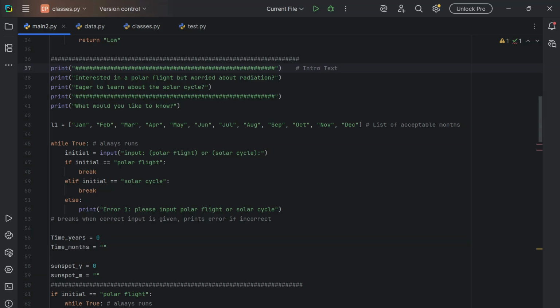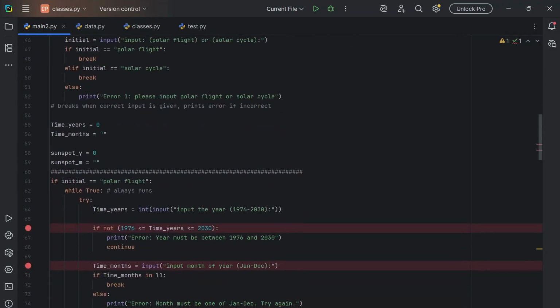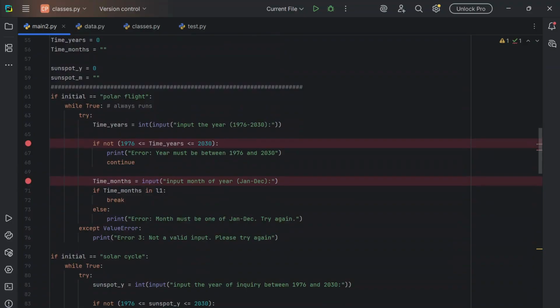In the background, we have the list of the 12 months, so we can test that later on. We have the initial while loop, so while that's true, the user can input an answer to that question, either solar cycle or polar flight. If the answer is not one of those two, it gets kicked back up, and they have to answer again, solar cycle or polar flight.